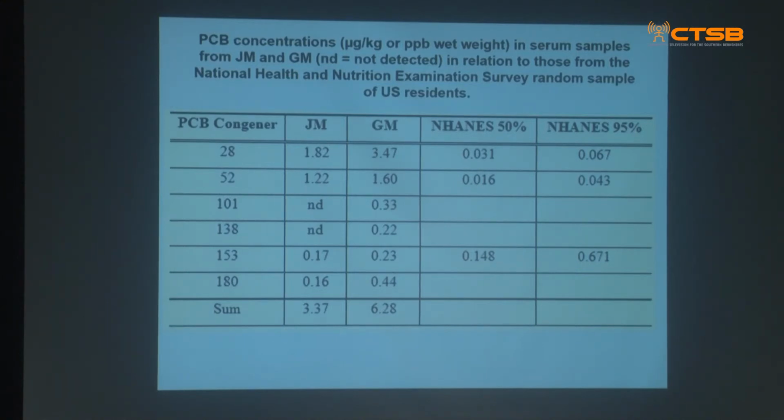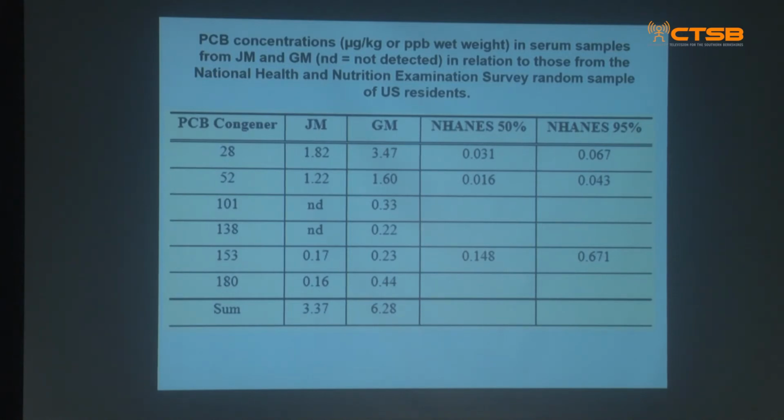Their levels are much, much higher than the average person in the US. Now, PCB 153 has 6 chlorines, so it's one of these higher chlorinated congeners. And their levels are right in the background level for the US population. That PCB you get by eating food, contaminated animal fats.